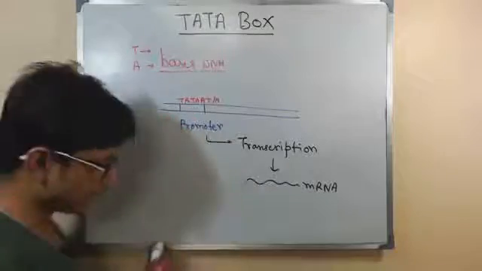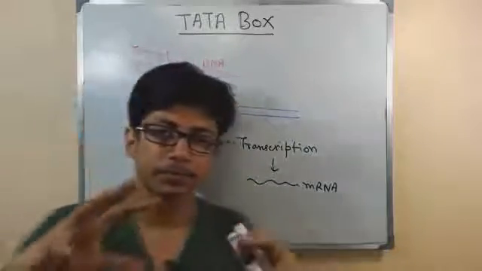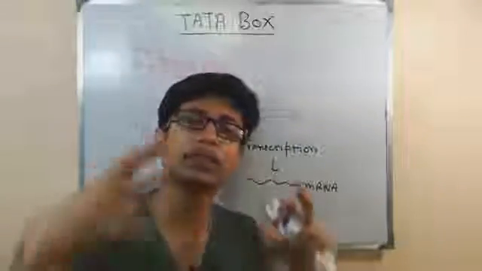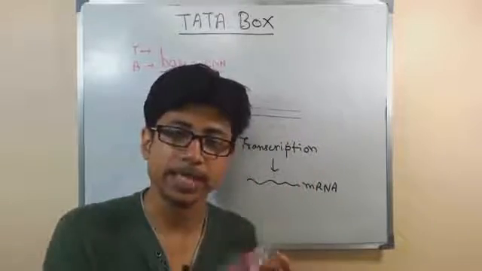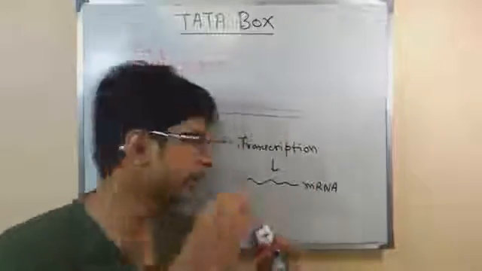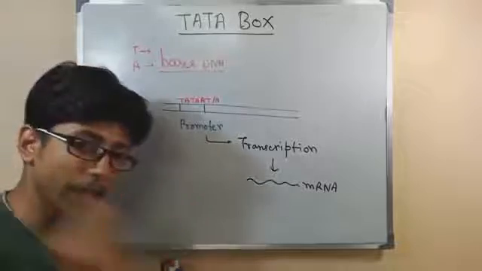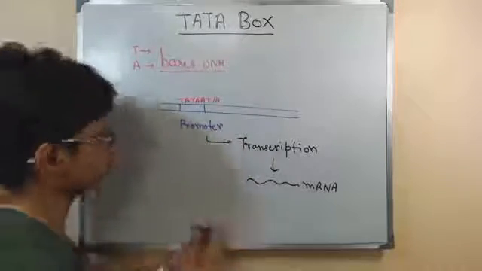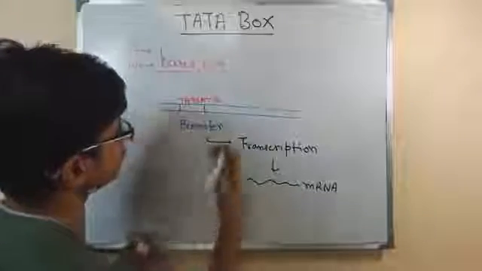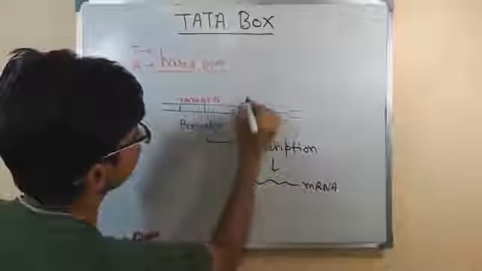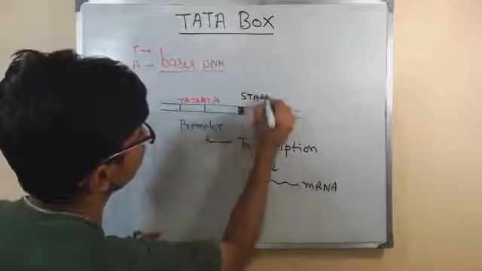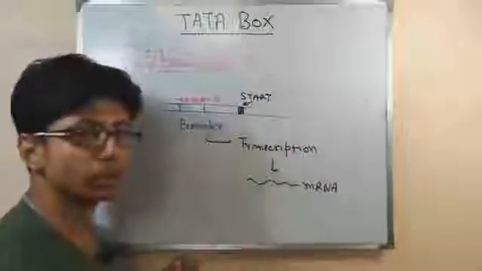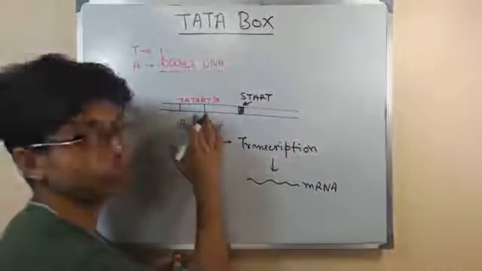Now promoters are the sections where the RNA polymerase first attaches, and then it scans. When it finds a promoter, then only it can find the start site of the transcription, which is further downstream. This is the start site of the transcription, which is further downstream of the promoter region.